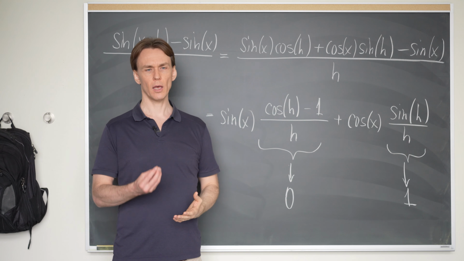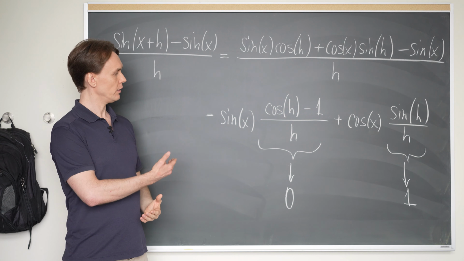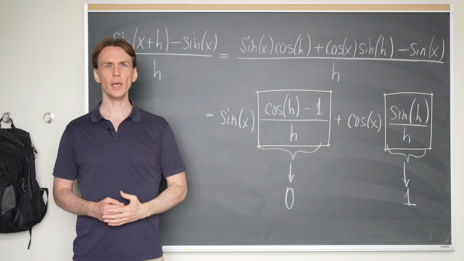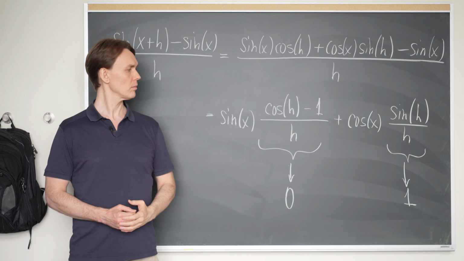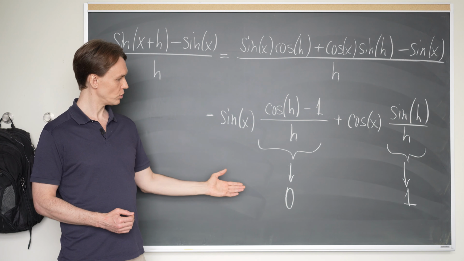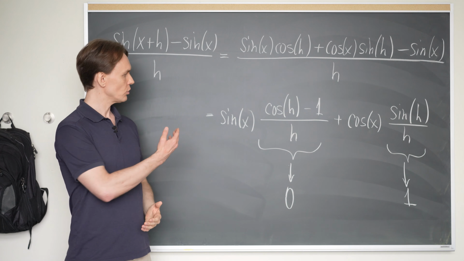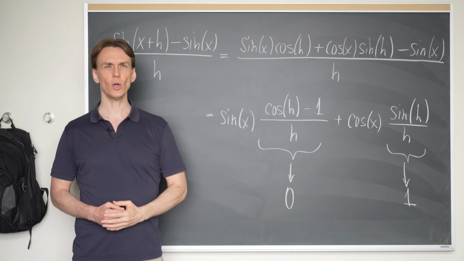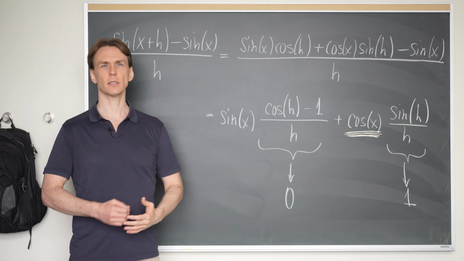Okay, and finally, when we let h go to 0, we can see that the two factors here that depend on h are exactly the limits that we just discussed. So the first one goes to 0 and the last one goes to 1. So that means that the sum of these two terms will be 0 plus cosine of x, which is cosine of x.